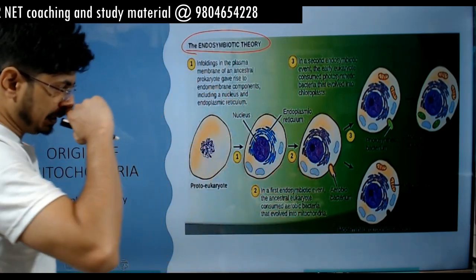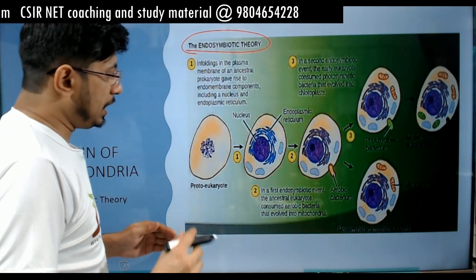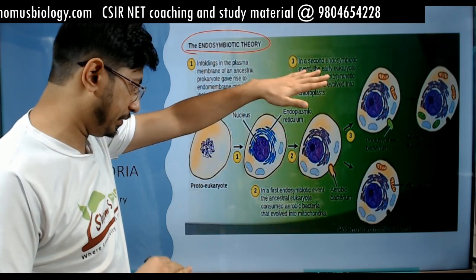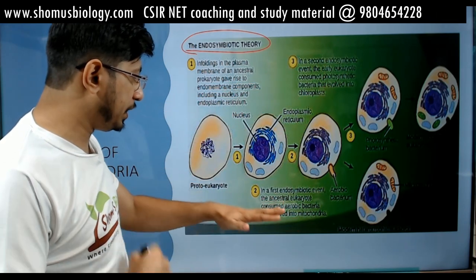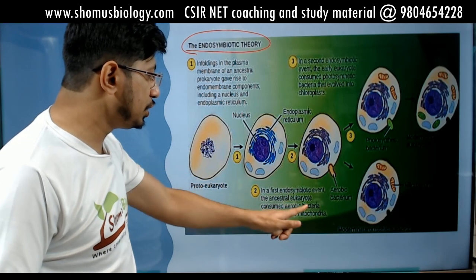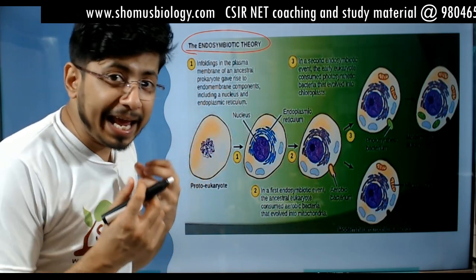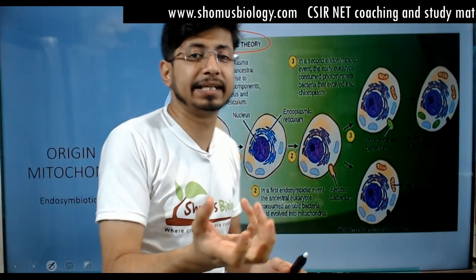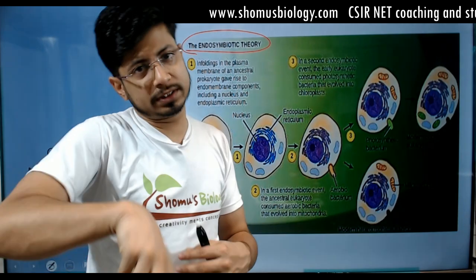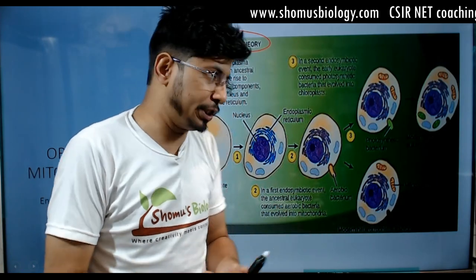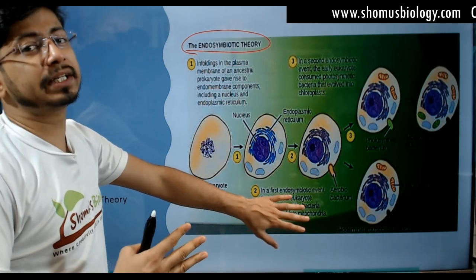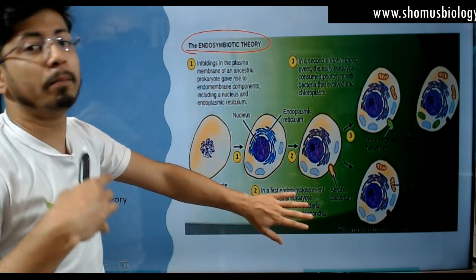So there are these two situations. There is the first round of endosymbiotic theory and the second round of endosymbiotic theory. In the first round of endosymbiotic event, the ancestral eukaryote consumed some sort of aerobic bacteria. Remember, aerobic bacteria means bacteria that can utilize oxygen for respiration, for production of energy. So aerobic bacteria were engulfed, and those aerobic bacteria stayed there and converted into mitochondria.